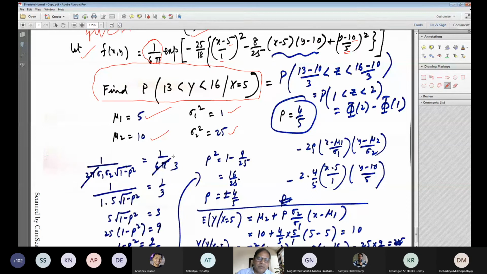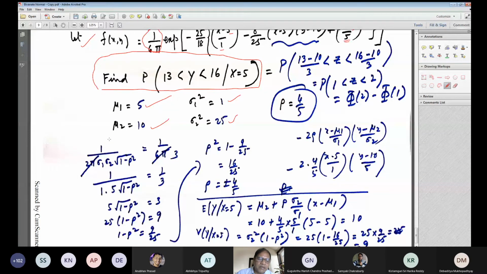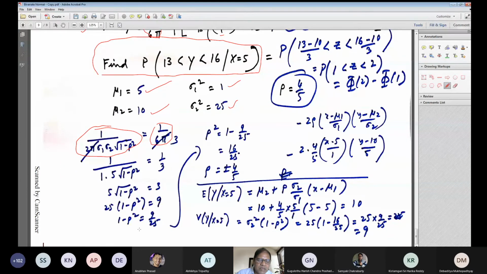This is the standard form and this is the given form. Simplifying, you get 1 minus rho square is 9 by 25, and so from here you get two values of rho, plus minus 4 by 5.